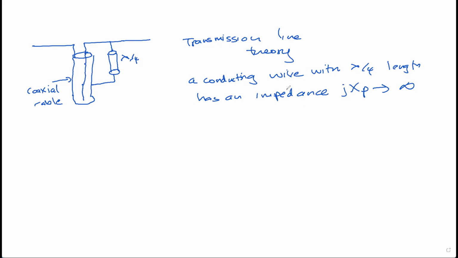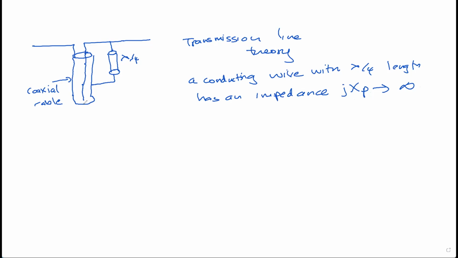The conducting wire has zero resistance. It only has an imaginary impedance, and this value reaches infinity once the length is lambda over 4.